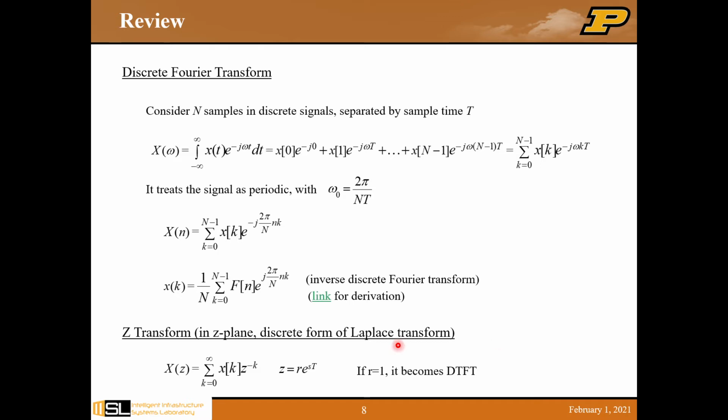The Z variable is equal to R times e to the j omega T, and if we consider the unit circle, where R equals 1, then the Z transform reduces to the DTFT. The reason we mention the Z transform here is that it is very popular and useful for filter design, especially digital filter design.